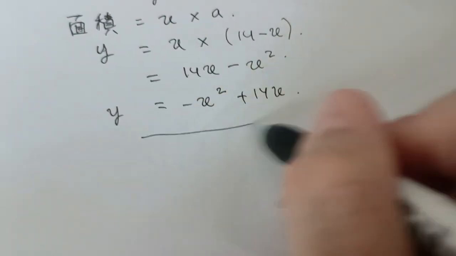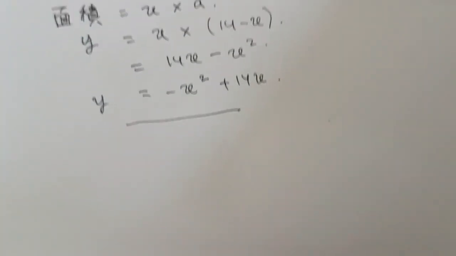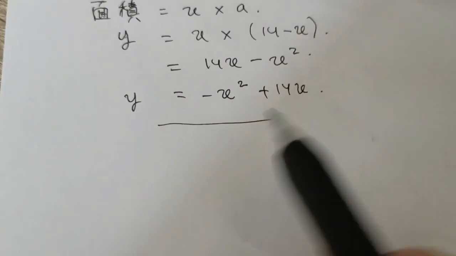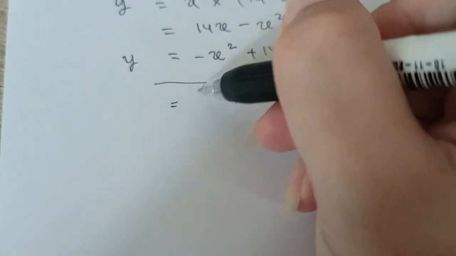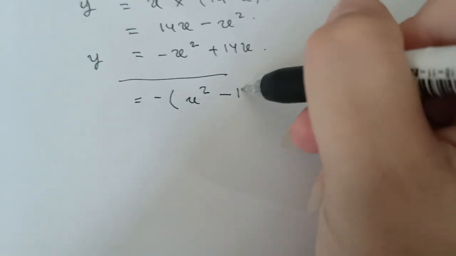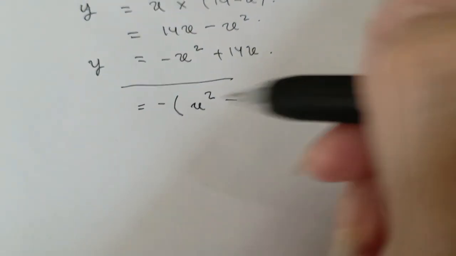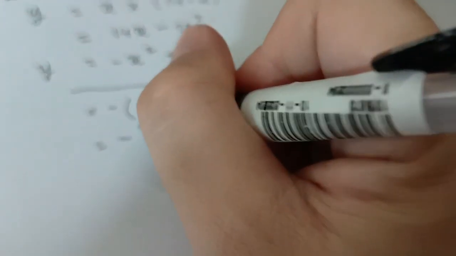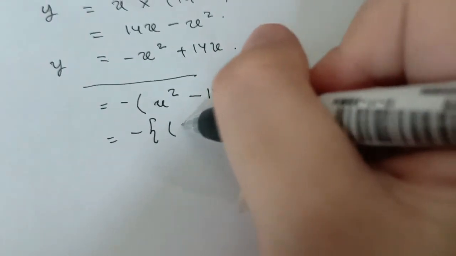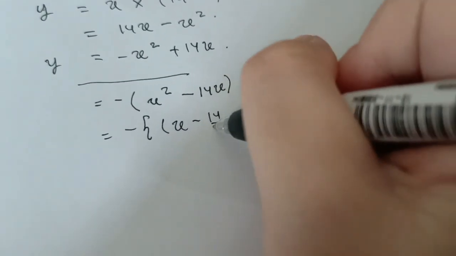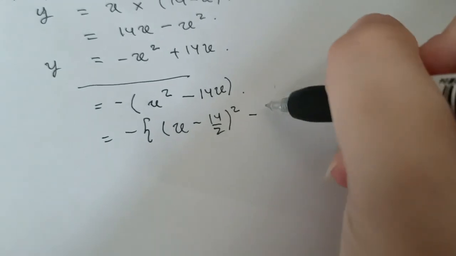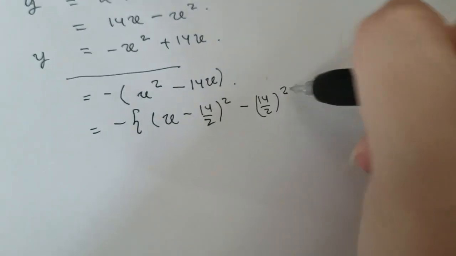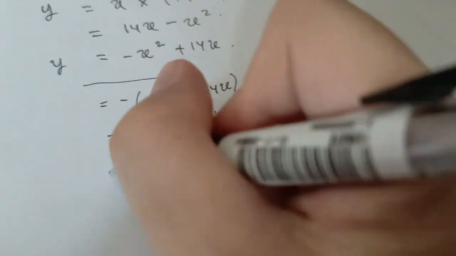Now we have this equation already. We are going to switch it to hyojun kei. From here we are going to take the minus out: x squared minus 14x. Then we add a bracket: in the bracket x minus 14 divided by 2, squared, minus 14 divided by 2, squared.